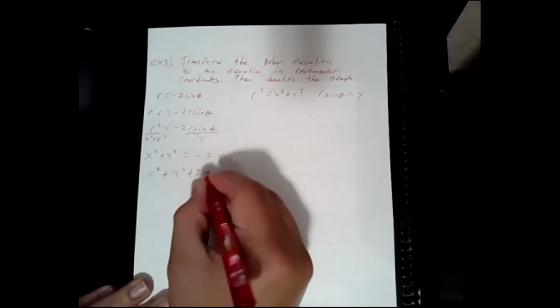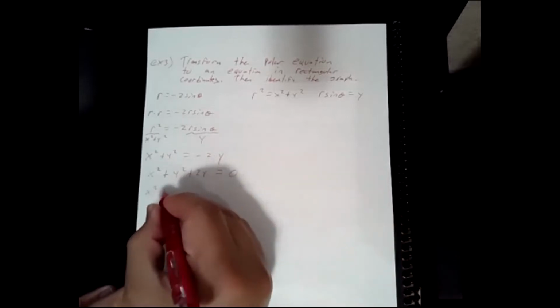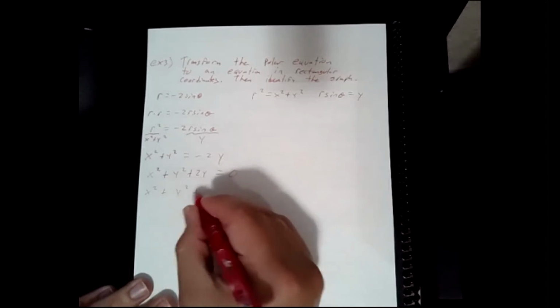So now we're going to do the same thing as before, but we're going to complete the square for the y terms, because x squared is already technically a perfect square. There are no terms we need to worry about. So I'm going to move over the y and set it to 0. Then I will complete the square for the y terms.